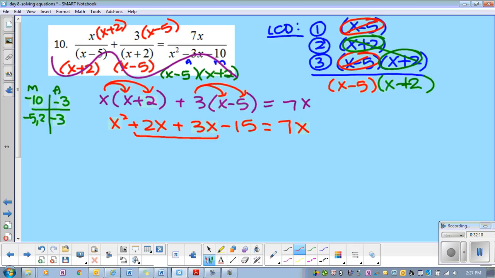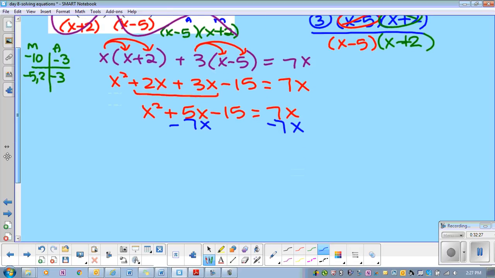But combine like terms first. So I have x squared plus 5x minus 15 equals 7x. Good. Move over that 7x. So x squared minus 2x minus 15 equals 0.